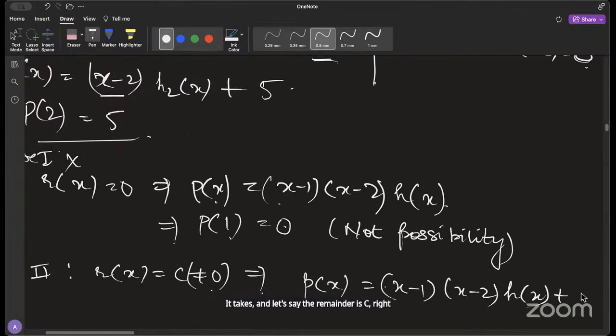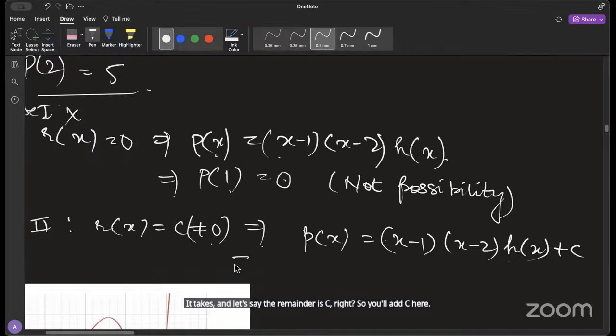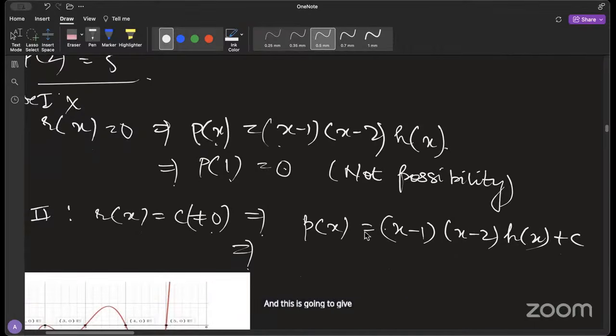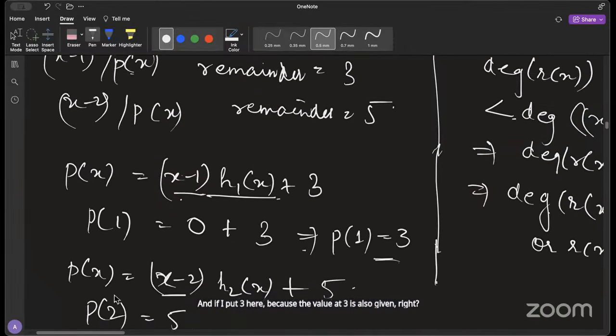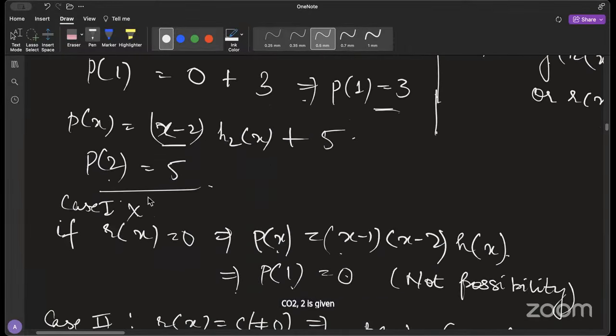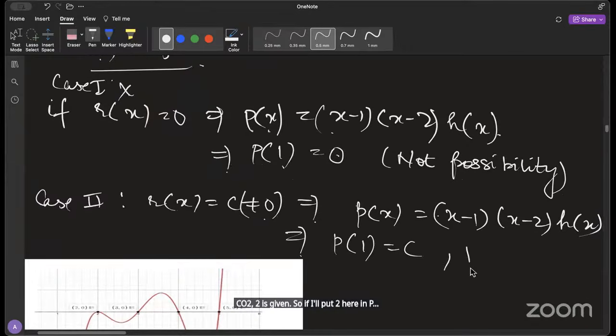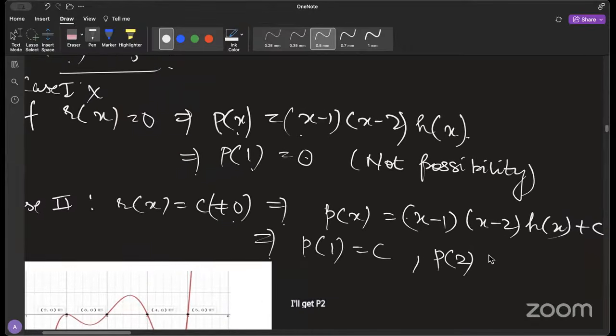So you'll add c here. If I put 1 here, then p(1) will become c. And if I put 2 here, because the value at 2 is also given, I'll get p(2) equals c.